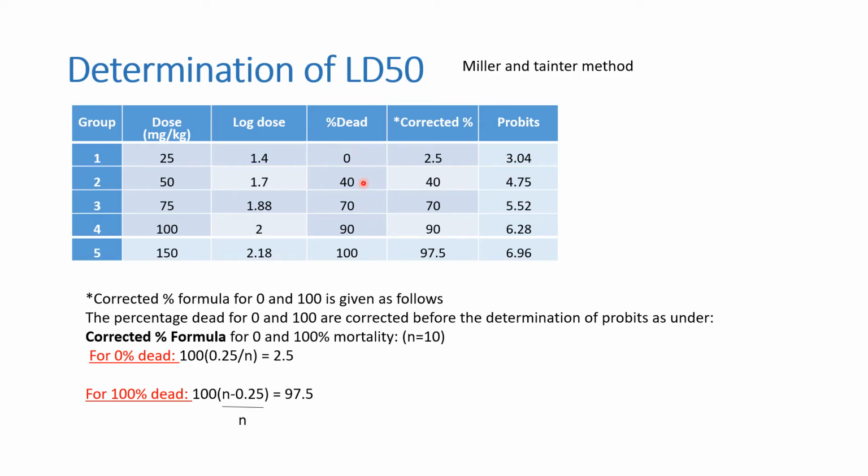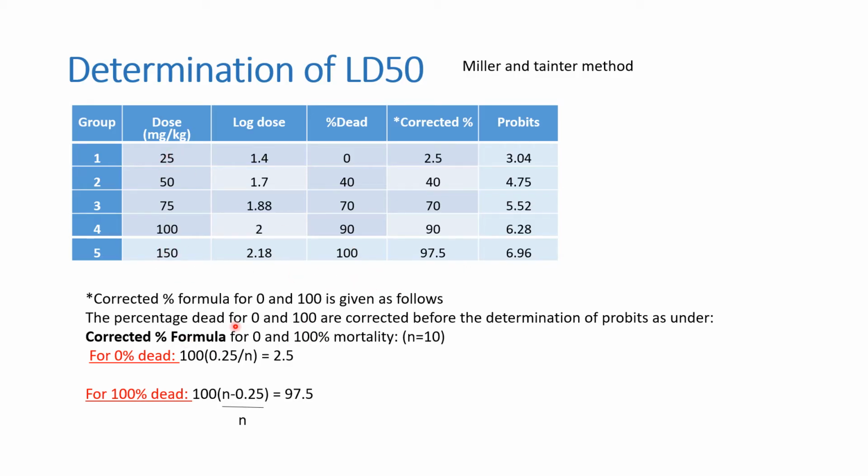Now as per the Miller and Tainter method, we need to calculate the percent correction. The corrected percent dead formula for 0 and 100 is as follows. In this method we need to do the correction of the percentage for only the first one, that is 0%, the 25 mg per kg, and the last one, that is 150.